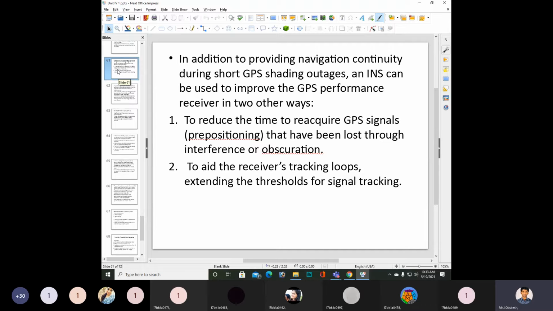INS can be used to improve the GPS receiver performance in two other ways.